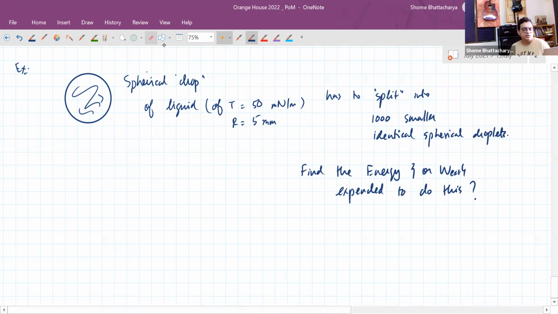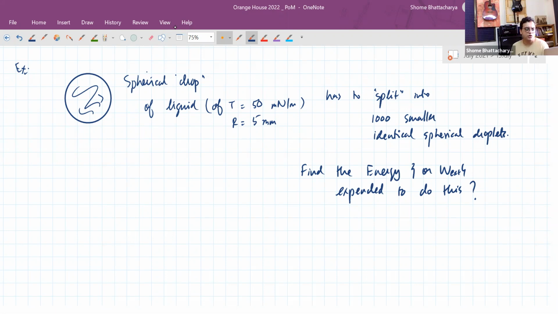Okay. So the hint to you here is that the energy goes because as you split this droplet into smaller droplets, you are increasing the surface area of the liquid. So you're increasing the surface energy. So you have to supply extra energy. That is why this is a process that won't happen naturally, because the system is losing stability. The reverse of that would happen naturally.